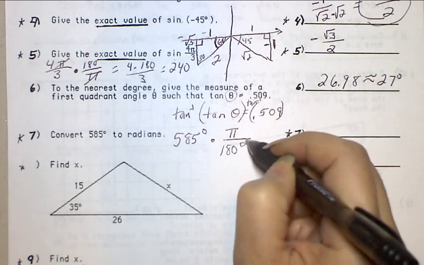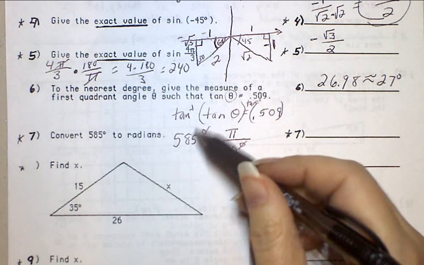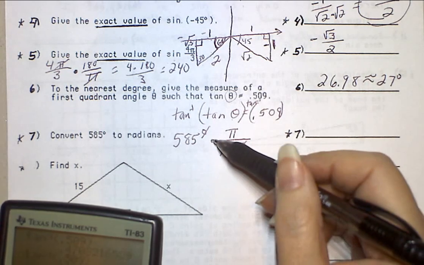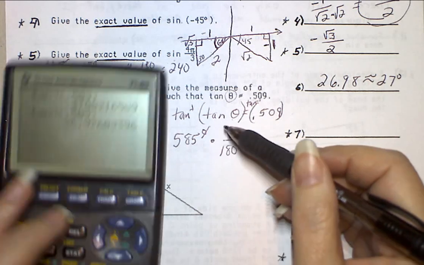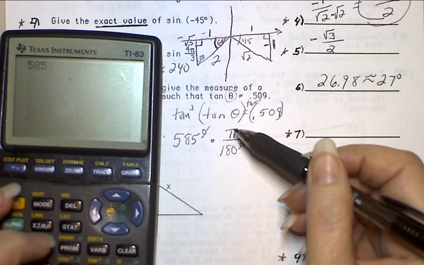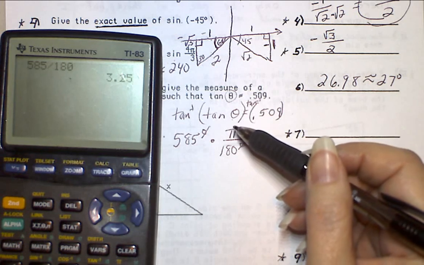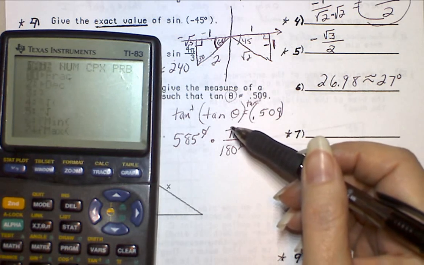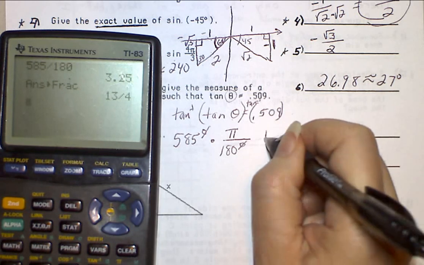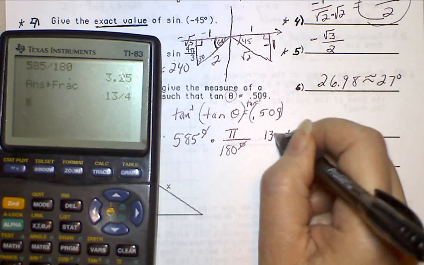And so my degrees cancel out, and I have 585 divided by 180, and I have to do the math fraction, and that gives me 13 pi over 4.